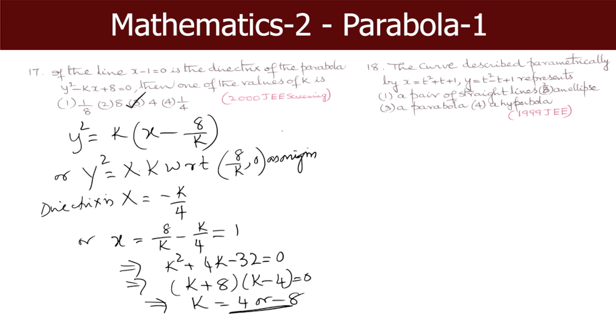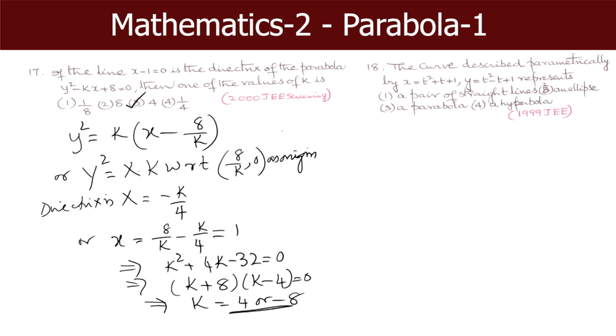Next question. The curve described parametrically by x equal to t square plus t plus 1, y equal to t square minus t plus 1 represents. Well, normally the equation of the curve is obtained by eliminating the parameter t from the two equations for x and y.